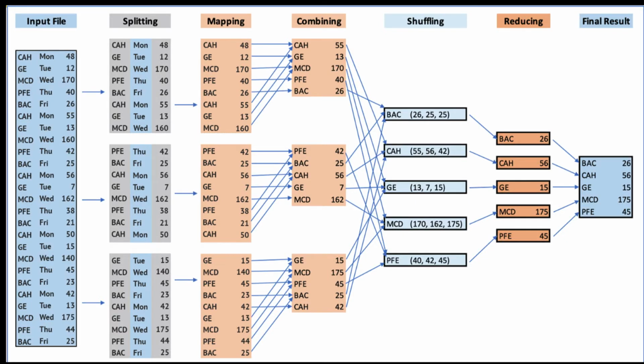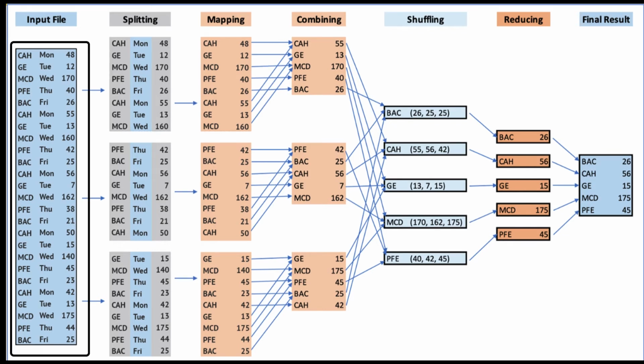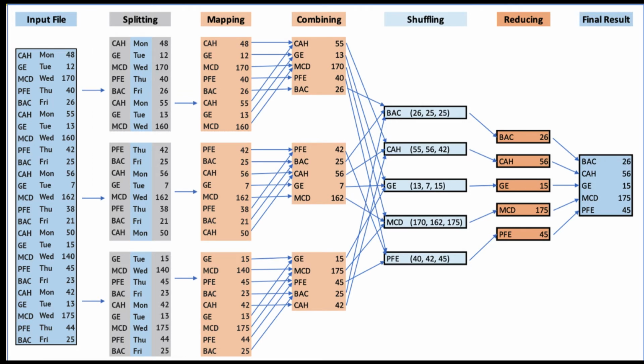So let's explain now what specifically happens. Assume that the input file is listed in the very left corner here. So we have the ticker, the day of the trade, and the price. You can see, for example, CAH is repeated multiple times throughout this file, and we want to find the maximum price of that stock. So we're going to split this file into multiple files that can be processed very quickly.